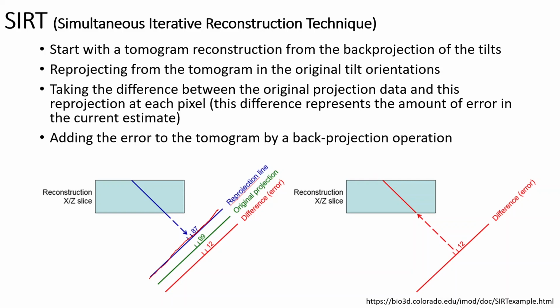This gives us a more precise volume, yet we can iteratively go back, make a new projection of this corrected volume, again see the difference between the original projection and this corrected reprojection, and then again back project the difference.